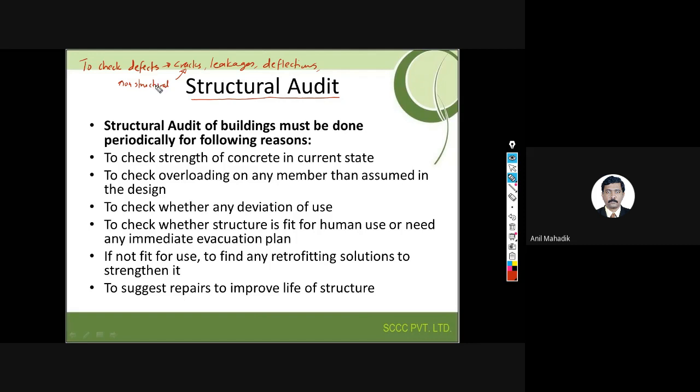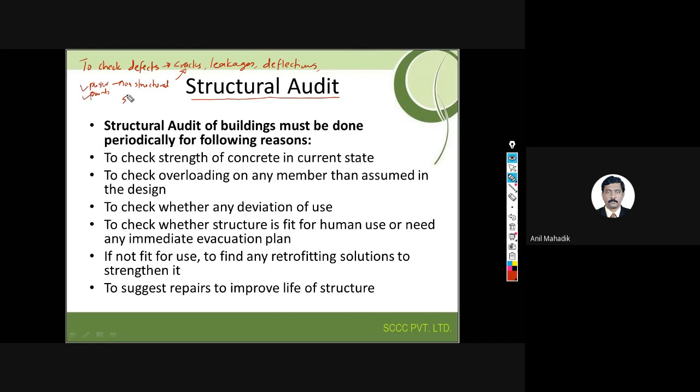There will be no harm to the structural safety in totality. It will not collapse. So you need to first observe whether it is a plaster crack or a paint crack. Then you can say, okay, I don't have any issue with this.